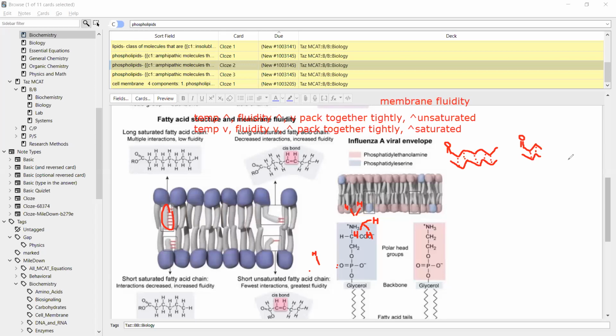The right. Why do you say the right? Right, it has a shorter structure.